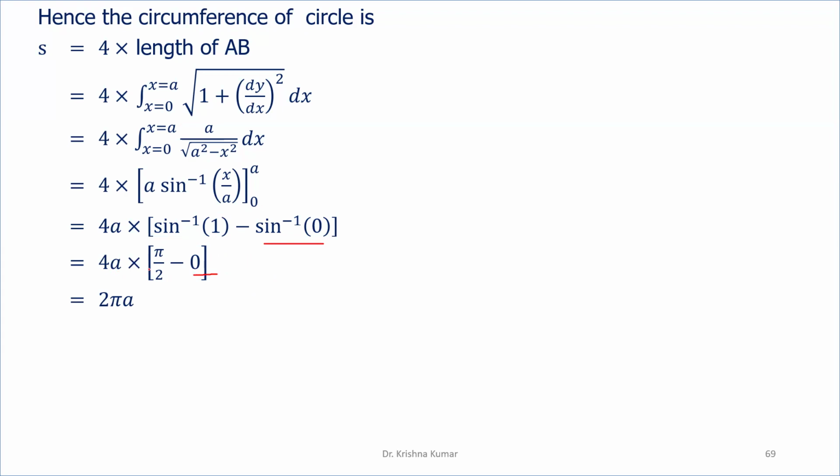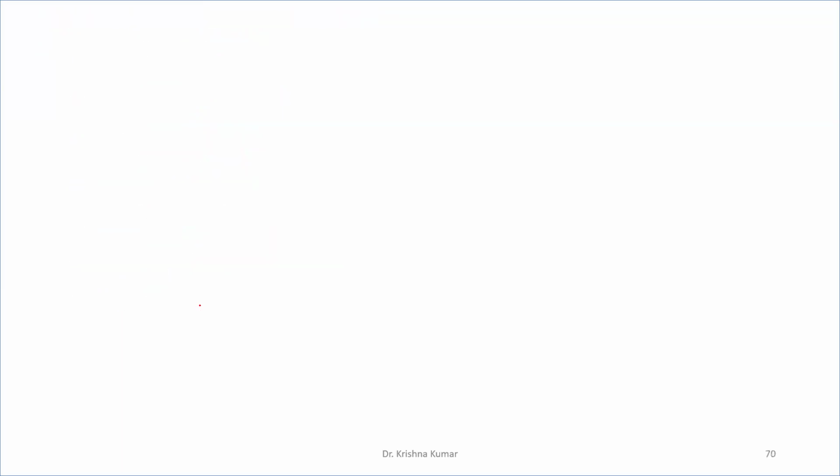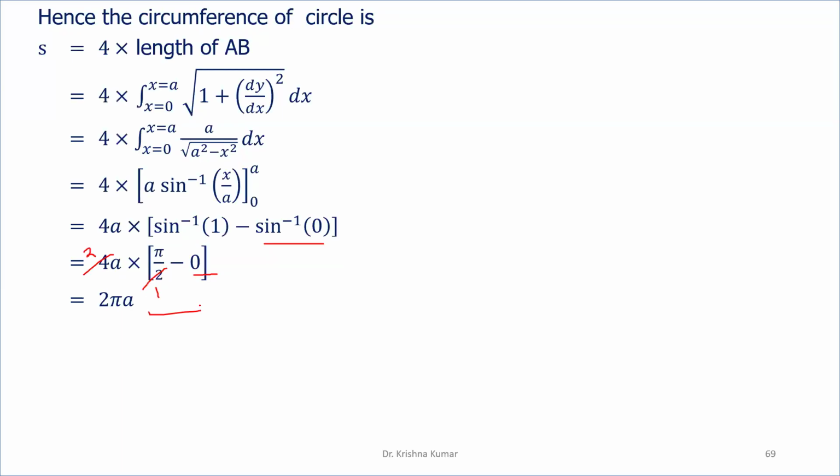So 4a into pi by 2, the 2 and 4 reduce, and we get 2 pi a. This 2 pi a is the circumference of the circle, also called the perimeter of a circle. So this is the desired result.